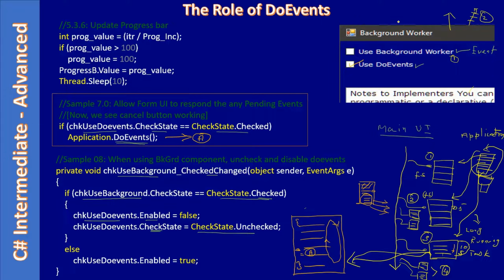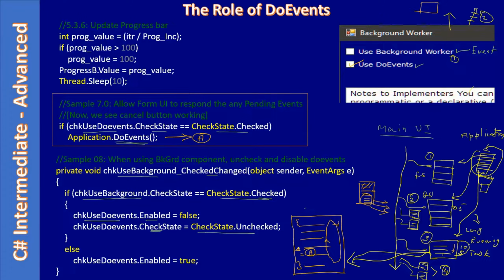So what happens, the window will actually move from one location to another location. All right, then all events are cleared, right? Once all events are cleared and there is no more event, then the application will take back this long running task.